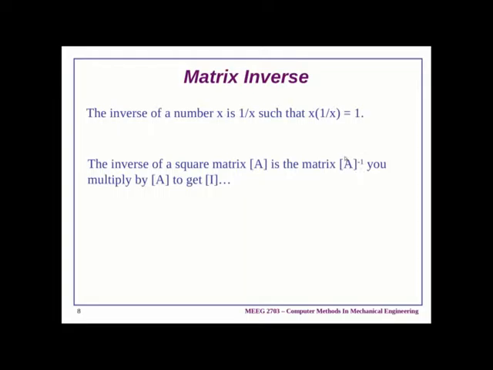This is just the notation for saying this matrix right here is the inverse matrix of A. When you multiply A by A inverse, you get the identity matrix. Okay, so A times its inverse equals the identity, or the inverse times A is also equal to the identity matrix.